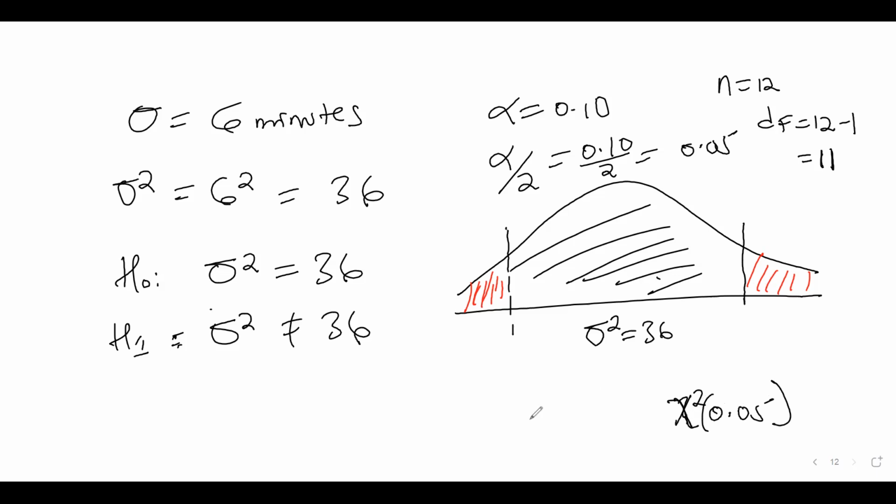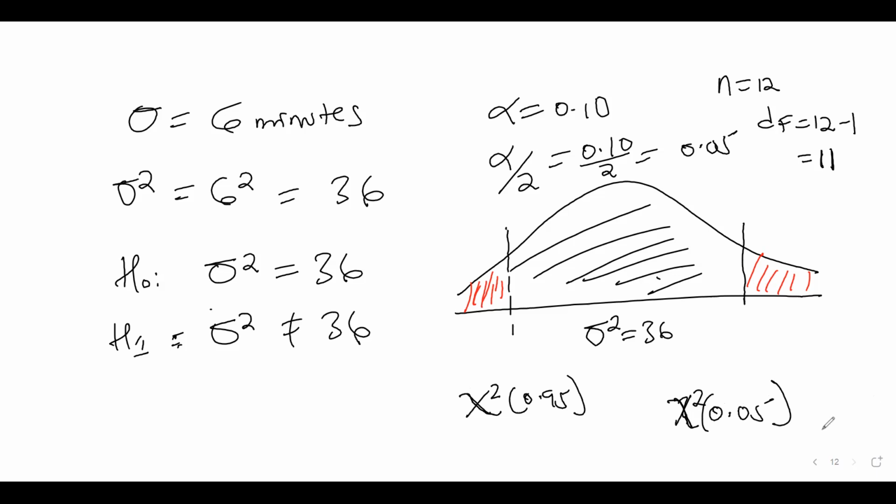But for the left-hand side, listen carefully, its mirror will be a chi-square of 0.95.